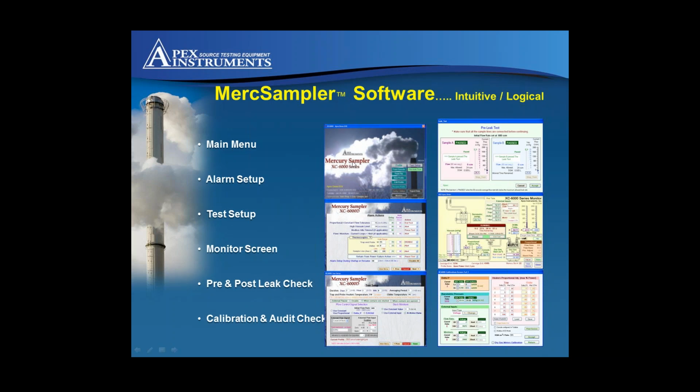So the first one's the connection, the one on the right next to it would be your pre-leak test. Because you've got to do a pre and a post leak when you run these tests on the system. And then the next one down below the connection screen is the alarm, where you would choose your alarms. And the alarms have a couple of statuses there. You can disable it. You can choose it to alert.